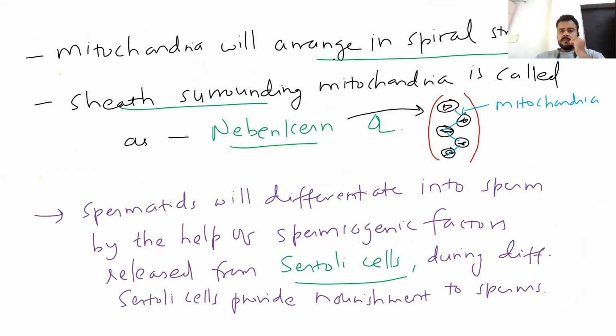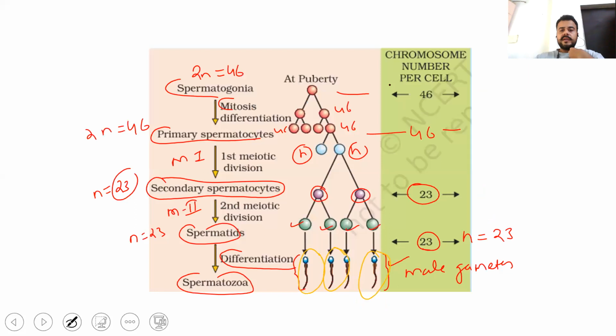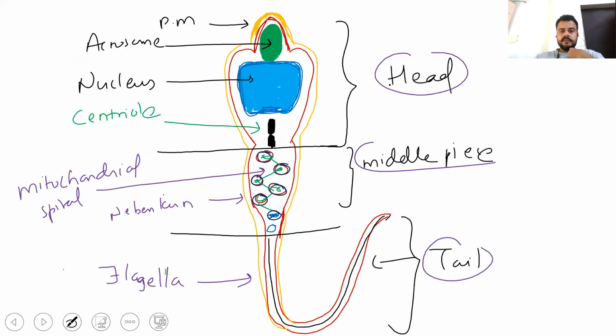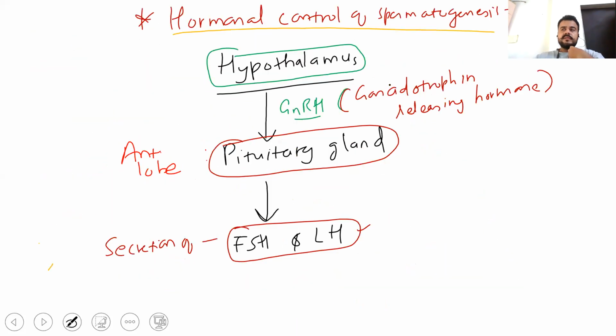The function of the GnRH hormone. GnRH means gonadotropin releasing hormone. It regulates the secretion of the pituitary gland and acts on the anterior part of the pituitary gland. If it acts on the pituitary, only then will FSH and LH be released.